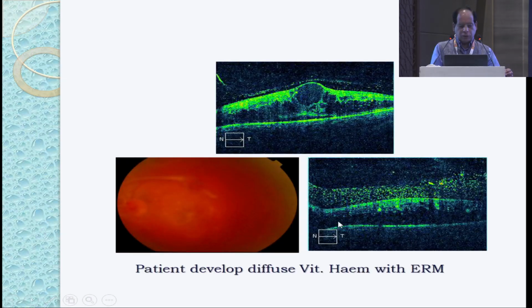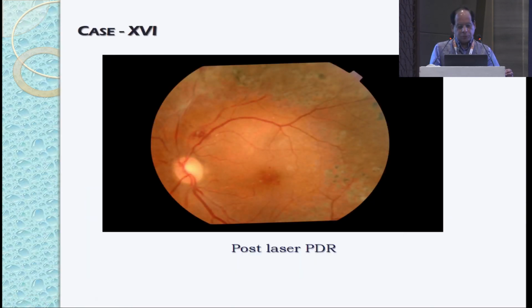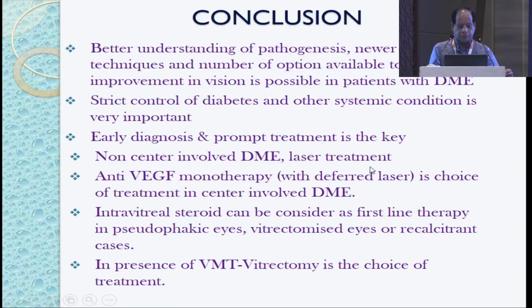In due course, the patient developed vitreous hemorrhage and ERM, we decided to go for vitreous surgery, and after the surgery things stabilized. Another patient, post laser, had no clinically significant macular edema on clinical picture, but vision was not improving. When OCT showed a tractional element, we operated and things stabilized.